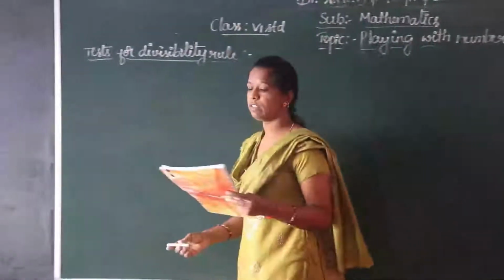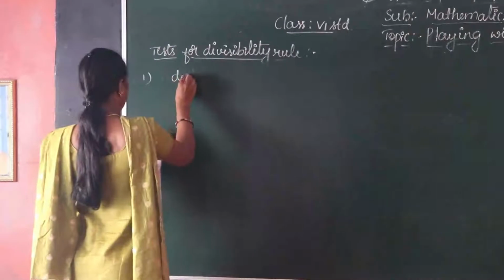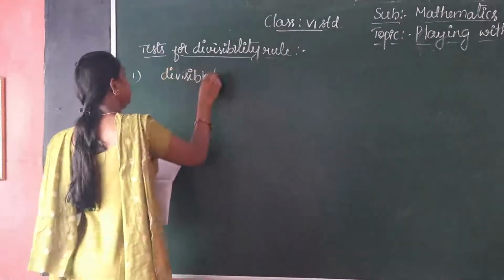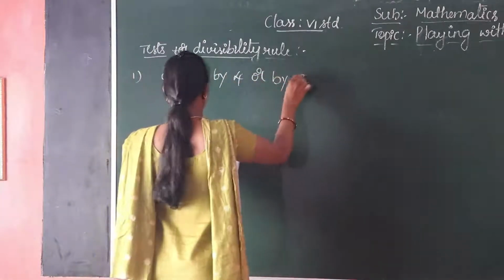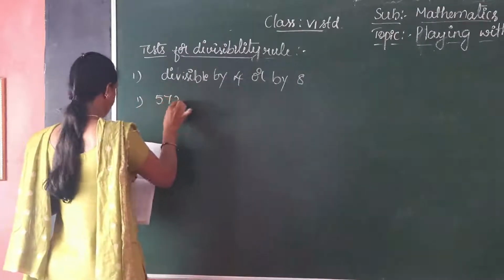Using the divisibility test, in the first sum I am going to discuss divisibility by 4 or by 8. The first number is 572.